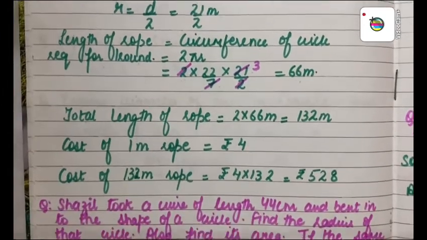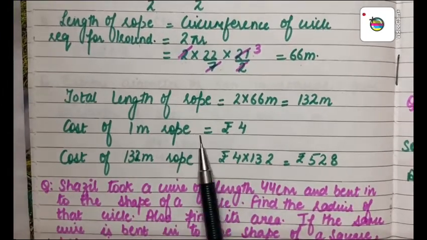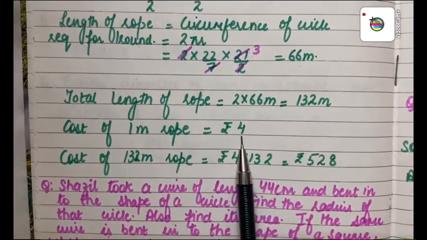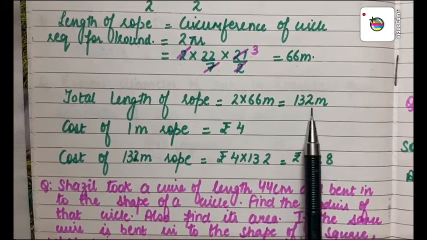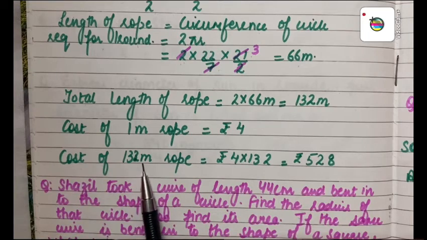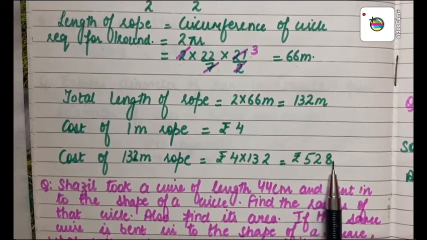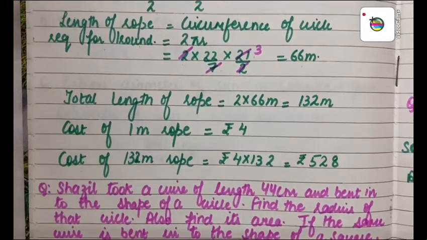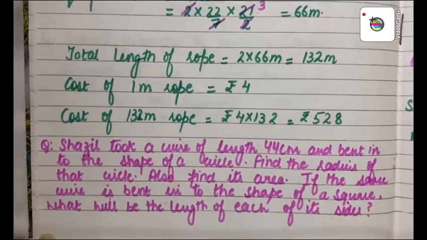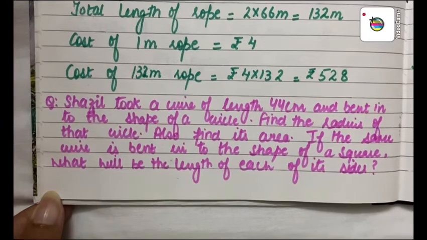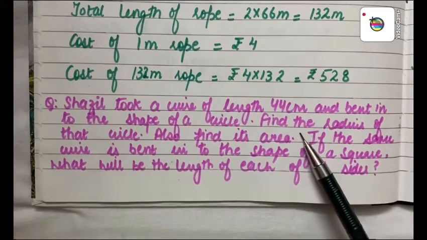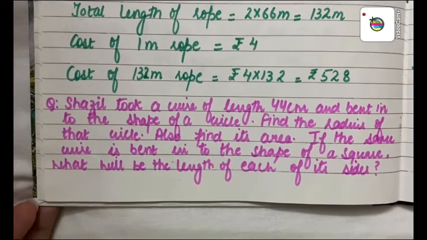Now the cost of 1 meter of rope is already given to you, that is rupees 4. And how much rope do we have here? That is 132 meters. So we have to multiply 4 into 132. So we get our answer as 528.